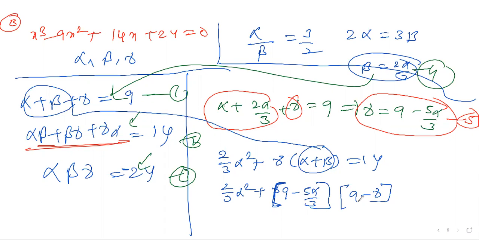Or else like this you go: gamma is equal to 9 minus 5 alpha by 3. Alpha plus beta is equal to, in terms of gamma, 9 minus gamma. Gamma is equal to 5 alpha by 3, right? And after that, alpha plus beta, 5 alpha by 3.